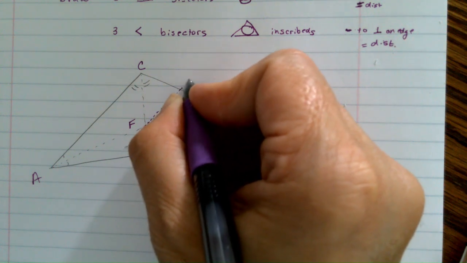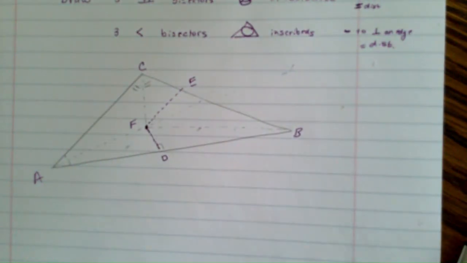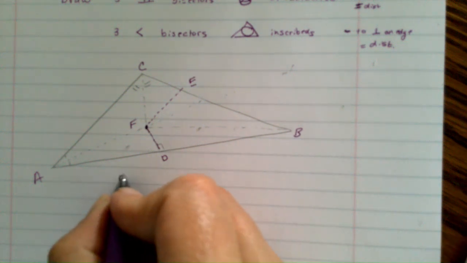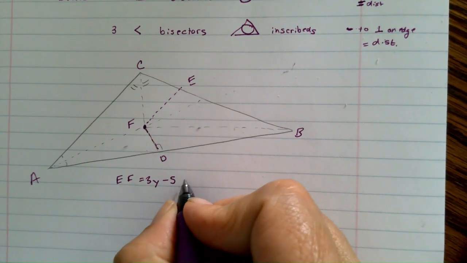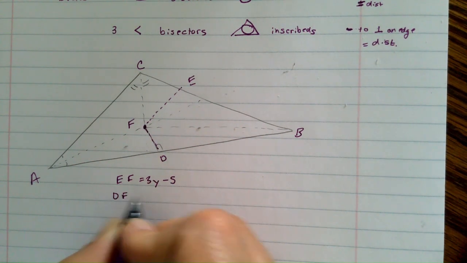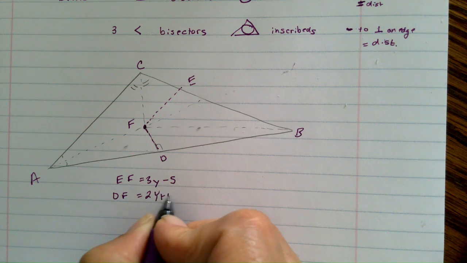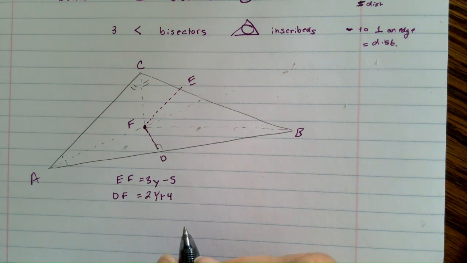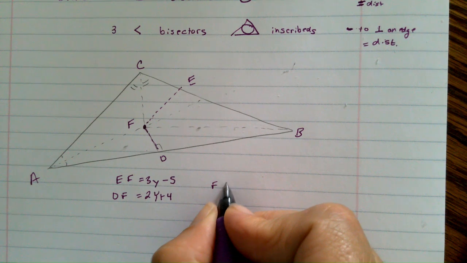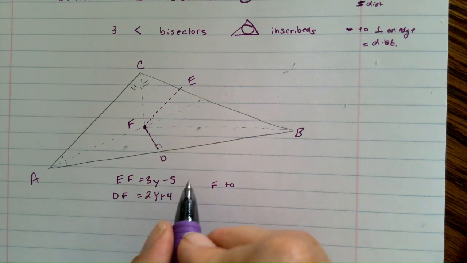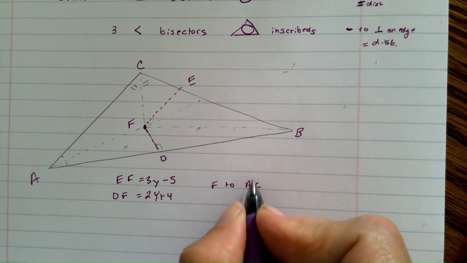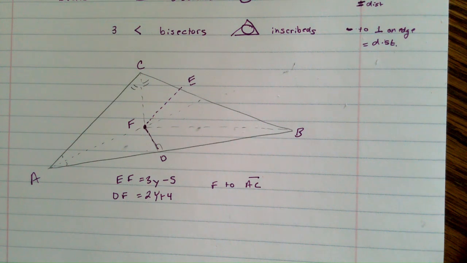And we have E. If E to F is 3y minus 5, and D to F is 2y plus 4, what is the distance from F to the line AC? Which isn't even drawn, right?